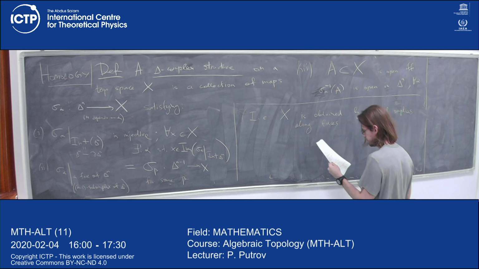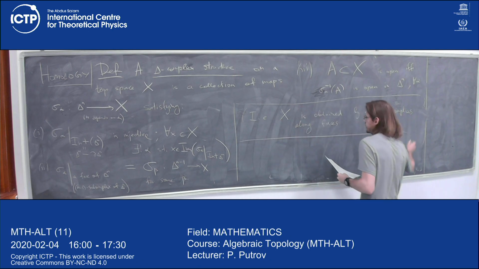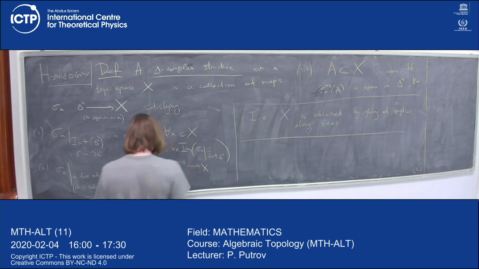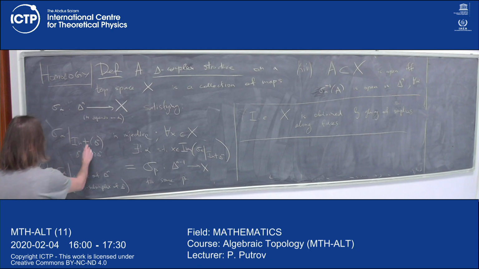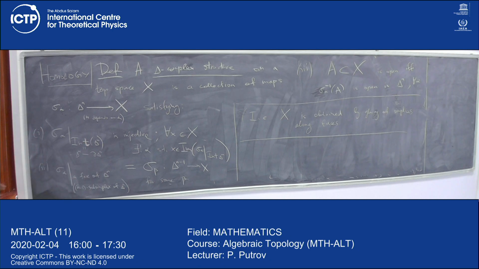Well, let me give you an example. First, what's the topology of the interior of delta n, because it is closed in the definition? You remove all the boundary points. You have a closed subset in R^(n+1), so you can remove all boundary points. For example, in one dimension, you take an open interval.